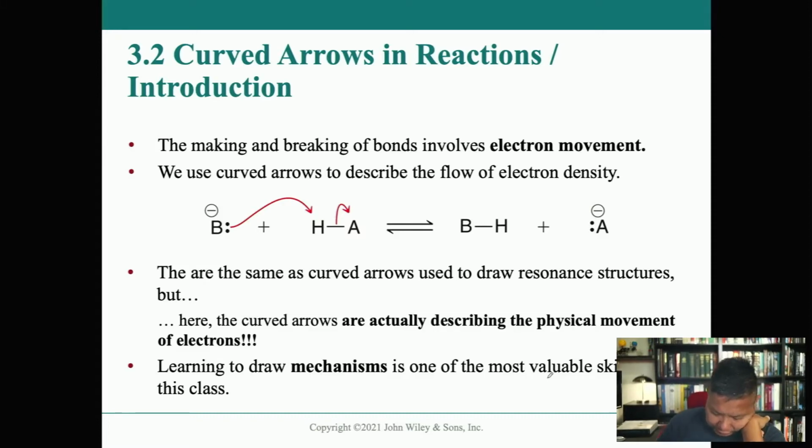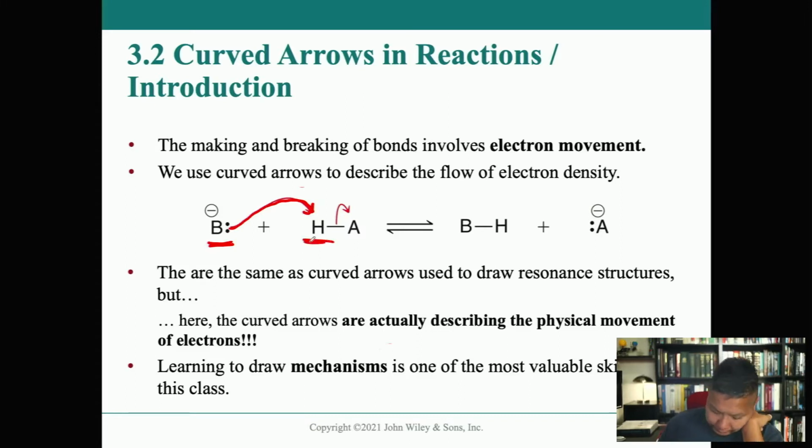So here we have a generic base, and this generic base has a lone pair of electrons, right there. There we go. The lone pair of electrons. And that lone pair of electrons really likes that proton from that acid right there, right? So it's going to come over and take this proton away.